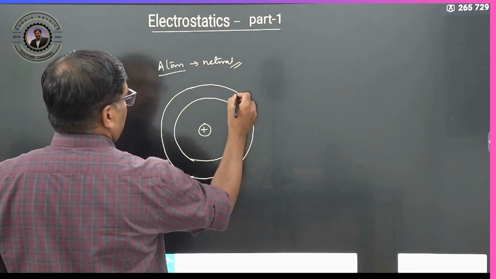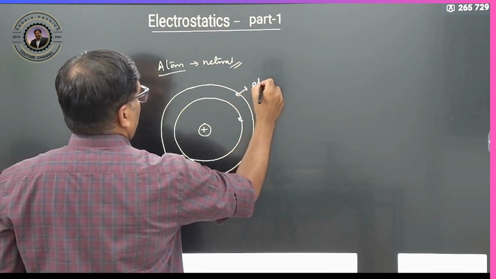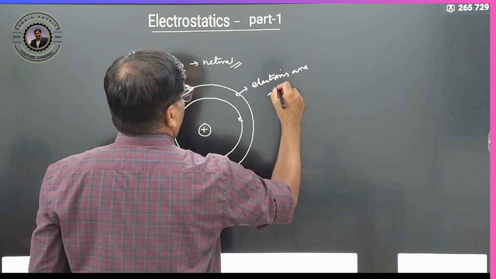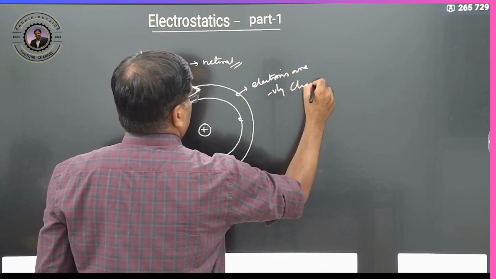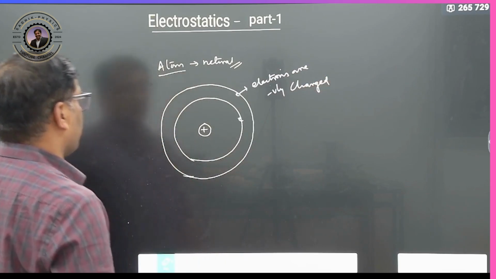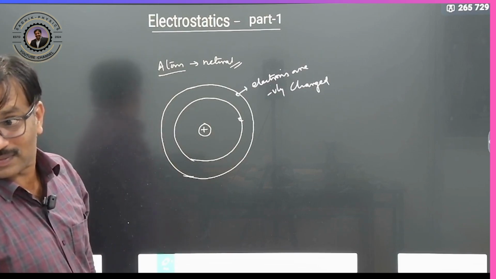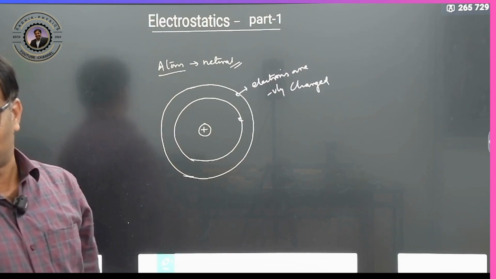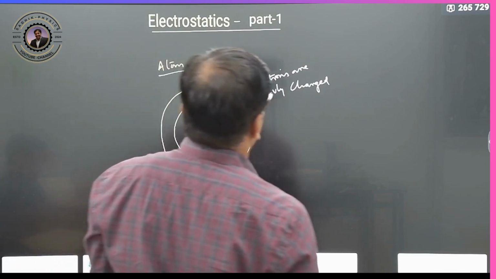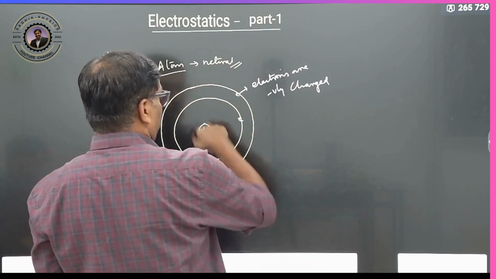These electrons are negatively charged particles, which revolve around the nucleus.